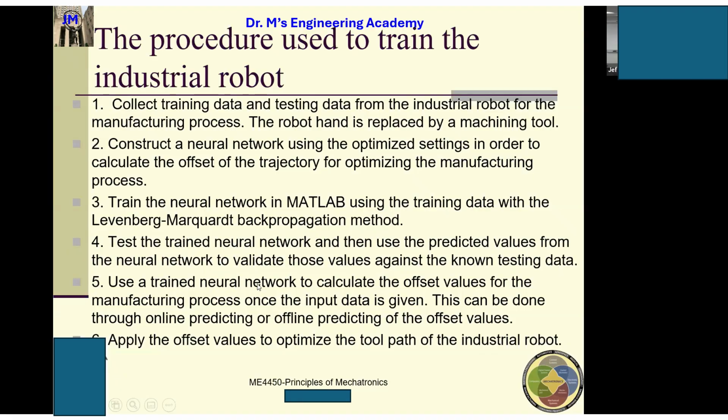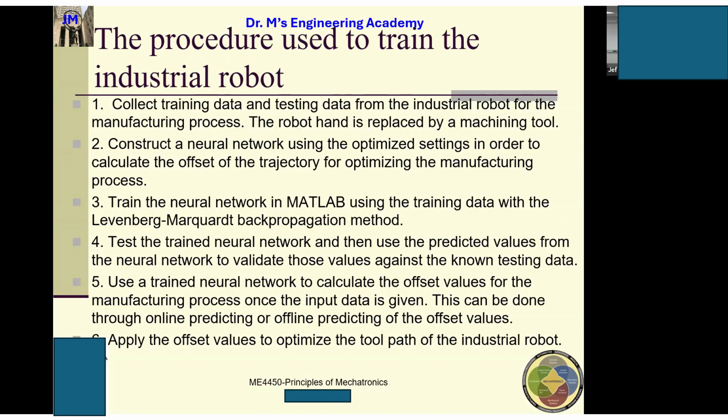Using this trained neural network, calculate the offset values for the manufacturing processes once the input data is given. This can be done through online predicting or offline predicting of the offset values. Apply the offset values to optimize the parts of the industrial robot. After you finish training, I will give you four true values, and you use your trained ANN to get the target offset value for each of these four values.